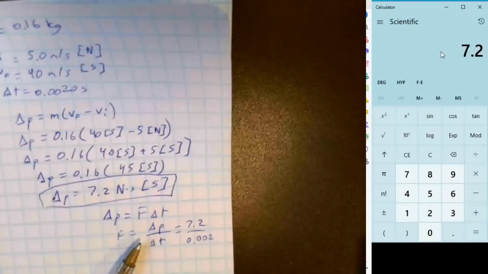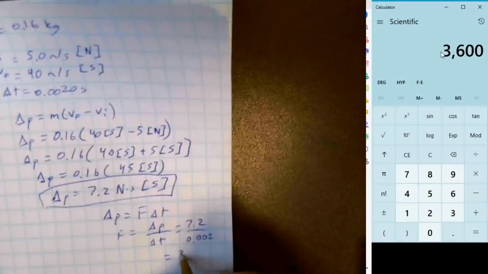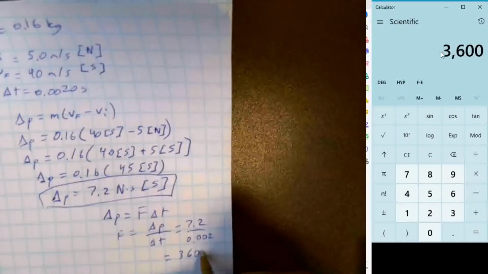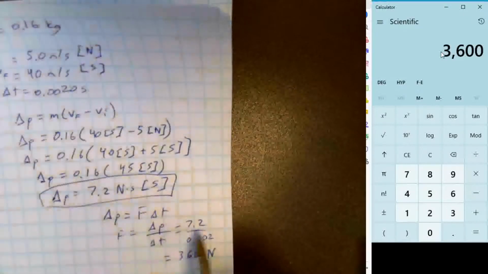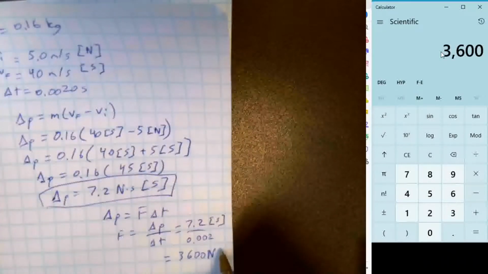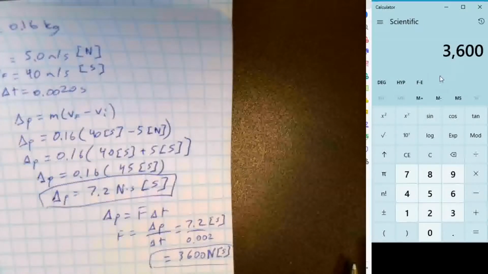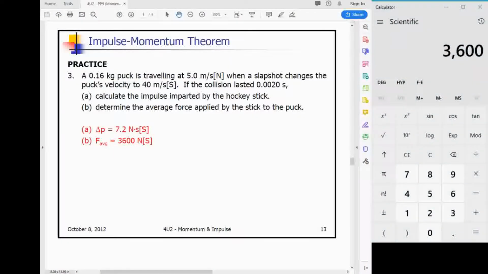Dividing this by 0.002 gets me to 3,600 newtons. Now, p was in the south direction, so technically this is south, which means that this would also be in the south direction. That's the solution to my second question, the average force applied during that time interval.